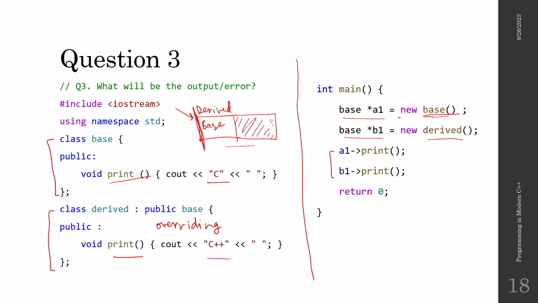Then we call a1 print and b1 print. Since both objects are interpreted as base objects, the base version of print will be called for both. So therefore the output will be CC.